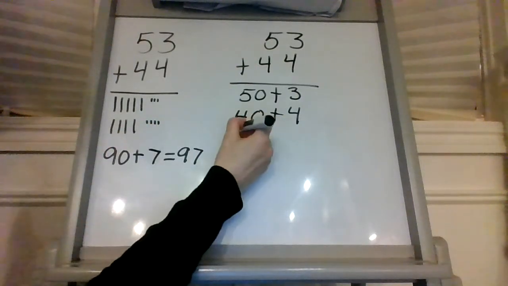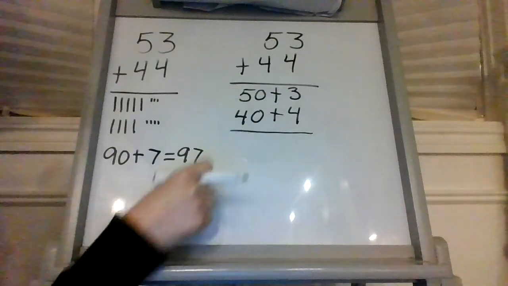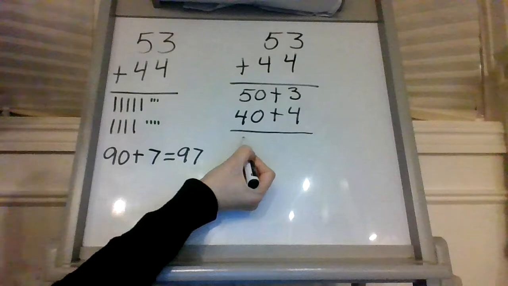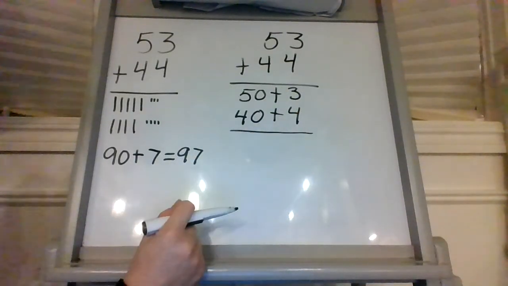Now what I'm going to do is draw another line and add these together. I'm going to add my 10s together first, then I'm going to add my 1s together.